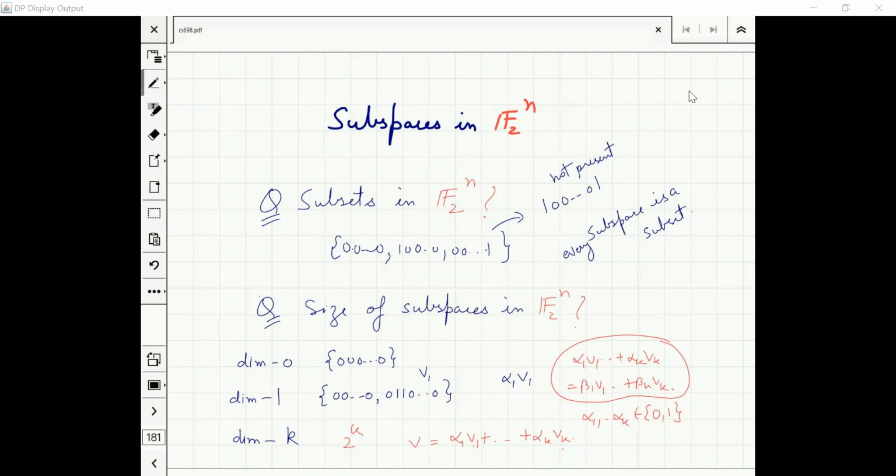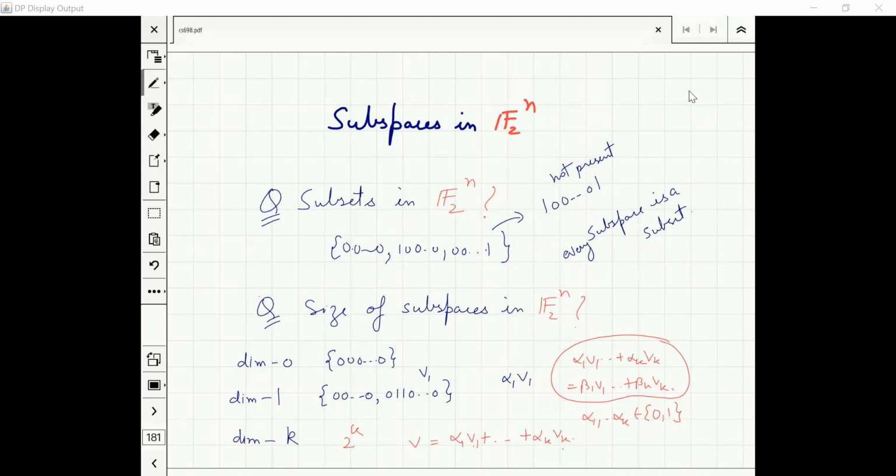Keeping ourselves in a finite field keeps the structure of the vector space also very, very simple. We can have these counting arguments. Okay. Is this now clear? Dimension k means there are going to be k basis vectors. And then I can write every vector in terms of those k linearly independent vectors.